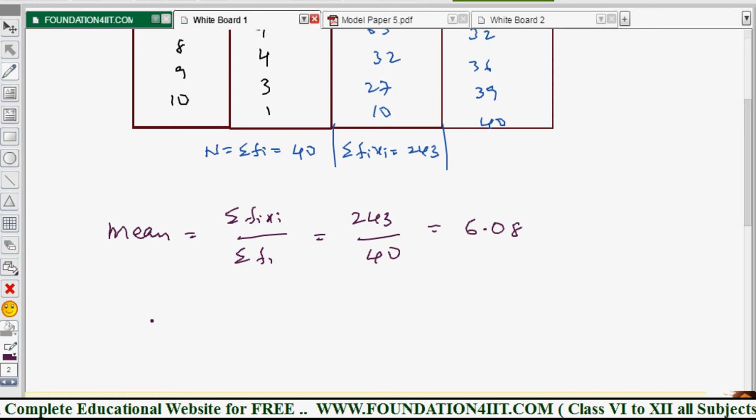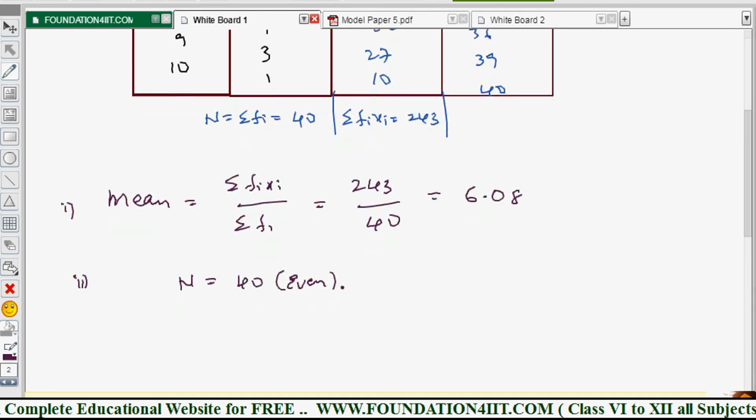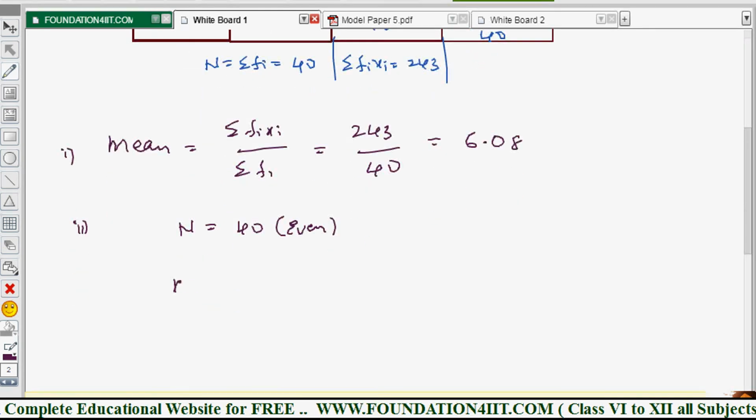To find out the median we need to check the n value. This is the mean, and for the median, here n is equal to 40, which is an even number. If it is an even number, then median is equal to 1 by 2 into 40, the n value.